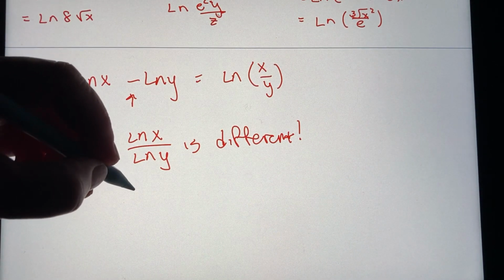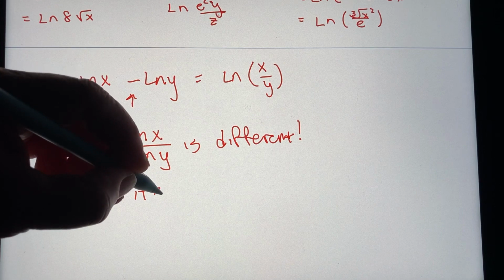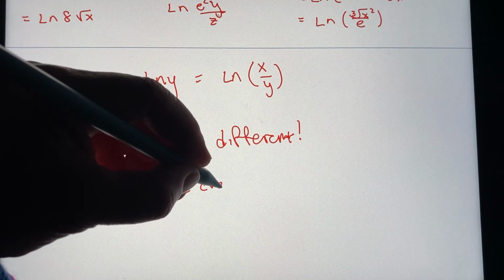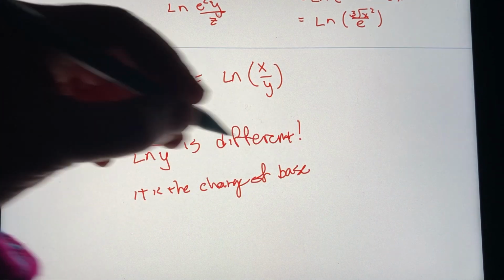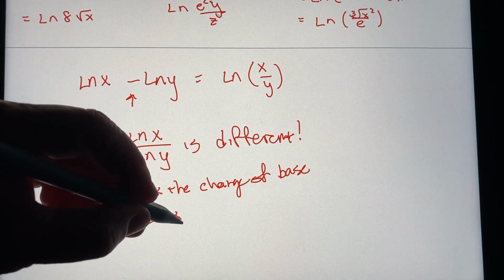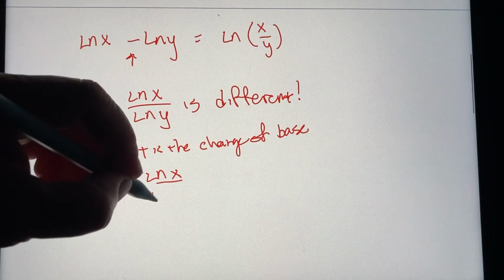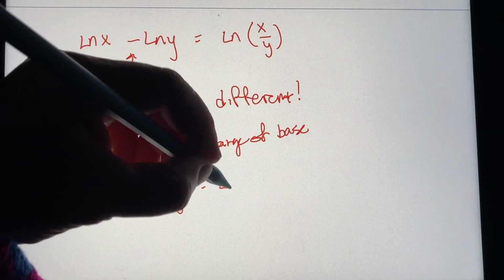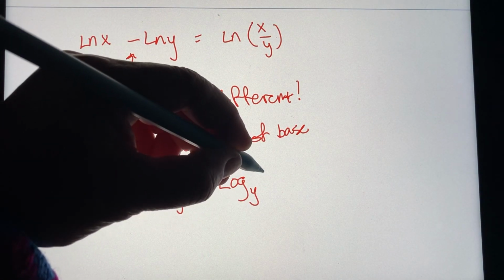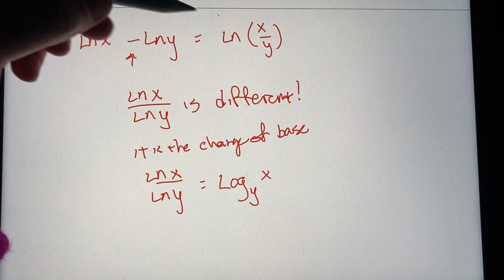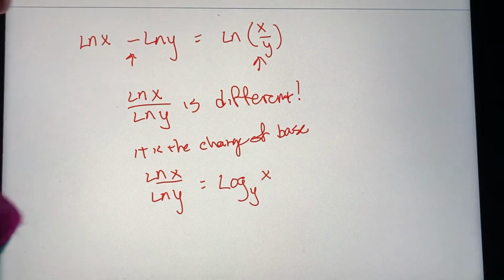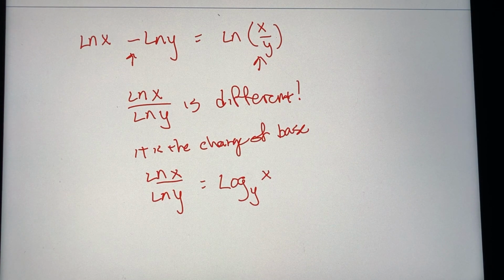It's the change of base: log of the number divided by log of the base. So you've got to be careful, put it inside a single logarithm when you're turning subtraction into division. It's not two separate logarithms. That's the change of base formula.